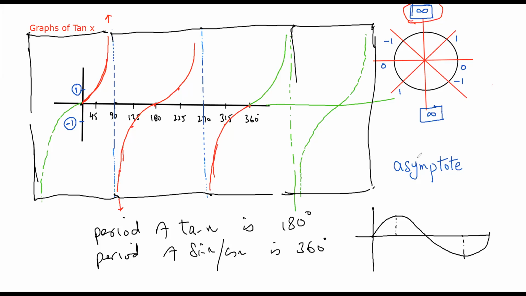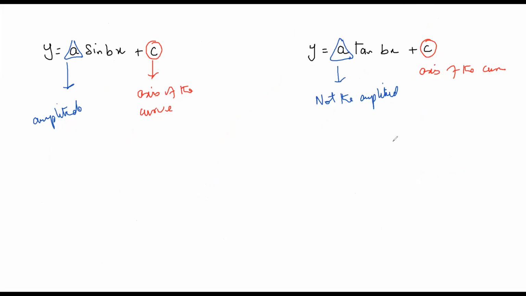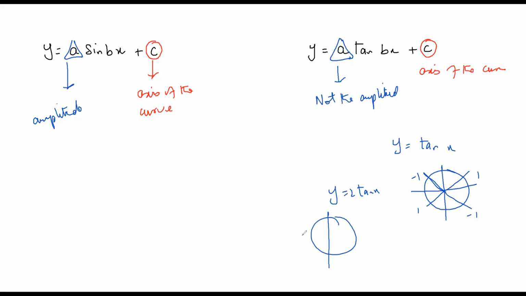For example, if you have y equal to tan x, these values are going to be 1, 1, minus 1, and minus 1. And guess, if it is y equal to 2 tan x instead, what would these values be now?